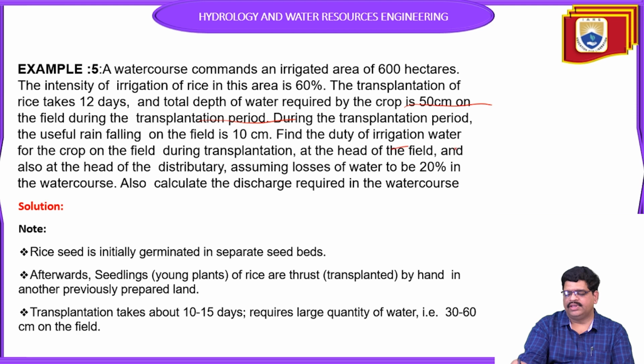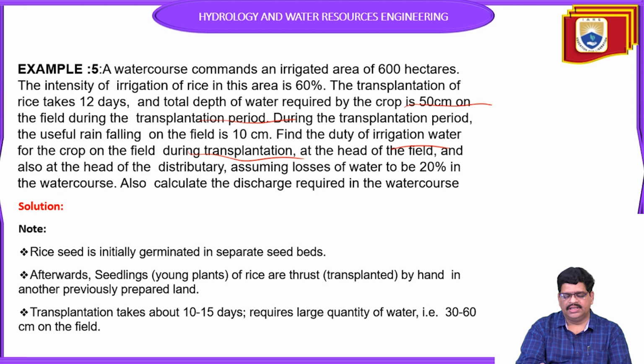Find the duty of irrigation water for the crop on the field during transplantation at the head of the field, and also at the head of the distributary, assuming the losses of water to be 20% in the water course, and also calculate the discharge required for the water course.